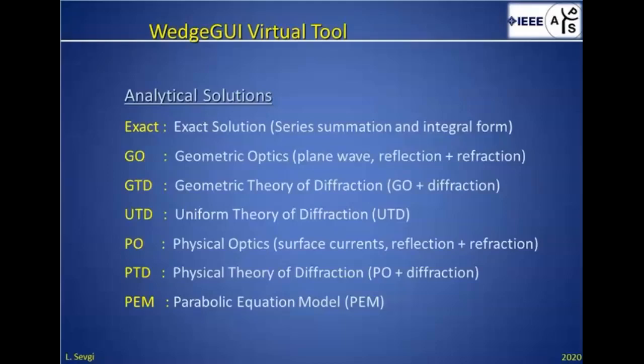In addition to this exact solution, we have ray-based solutions, as I said before, GO and GTD, and the extension of GTD is UTD. So GO, GTD, and UTD are ray-based diffraction theories. PO, PTD, and the parabolic equation are induced surface currents-based diffraction models. Next slide, please.